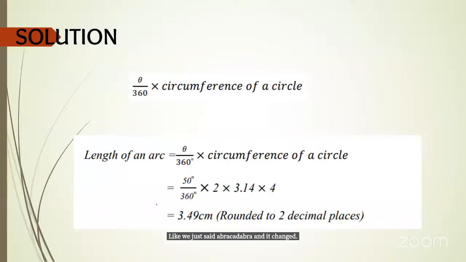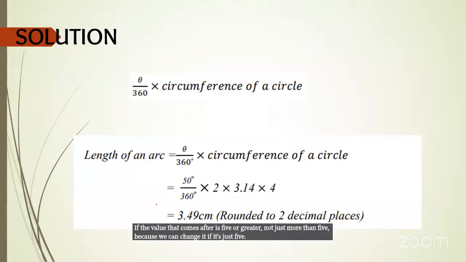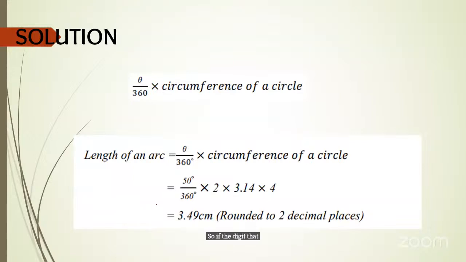There must be a reason. How do we change it? When do we change it? If the digit that comes after is 5 or greater, not just more than 5, because we can change it if it's 5, then we can round up the number.